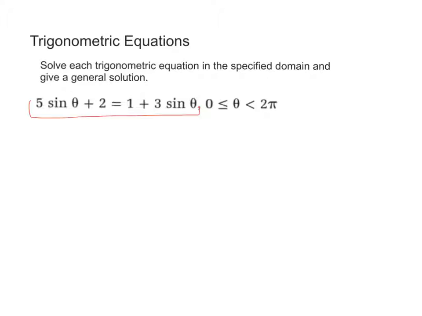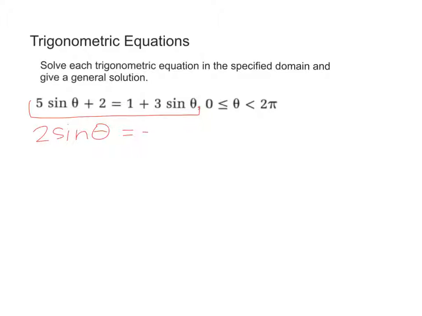How are we going to do that? Combine like terms. So we'll move all the sines to one side and the numbers to the other. If I subtract 3 sine from both sides, I have 5 sine over here. Subtract the 3 sine, I have 2 sine theta. And then I had 1 on the right, but I'm going to subtract 2.